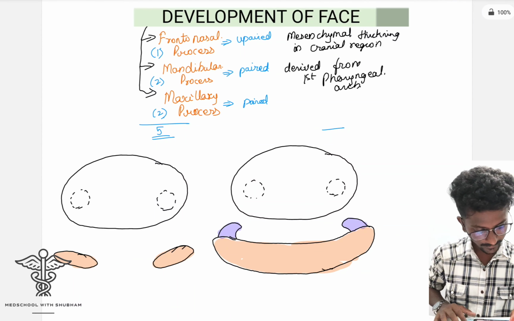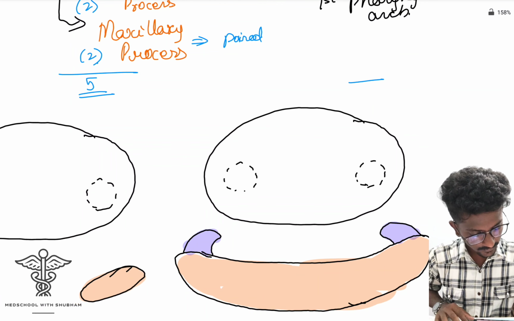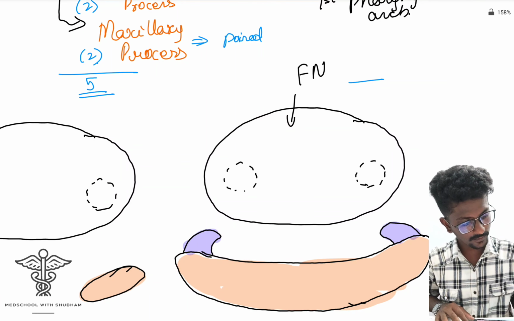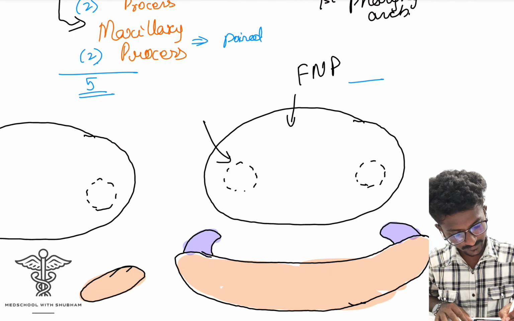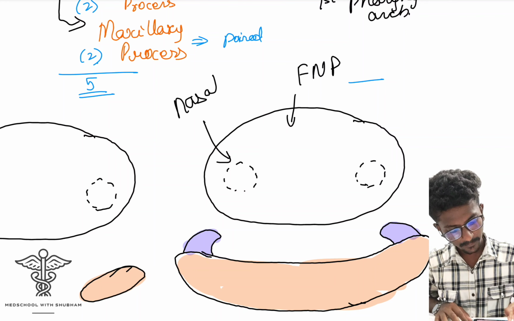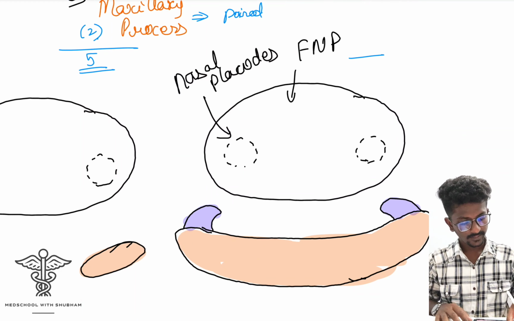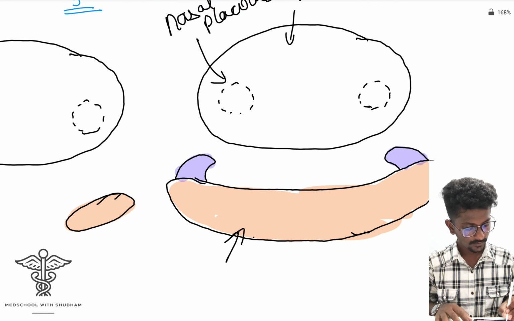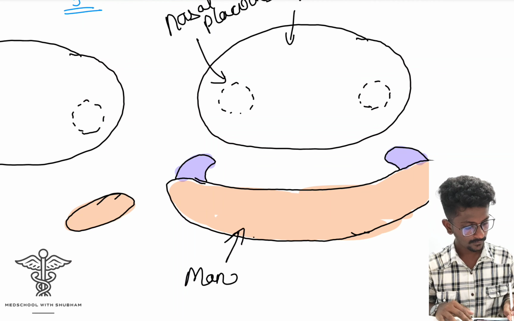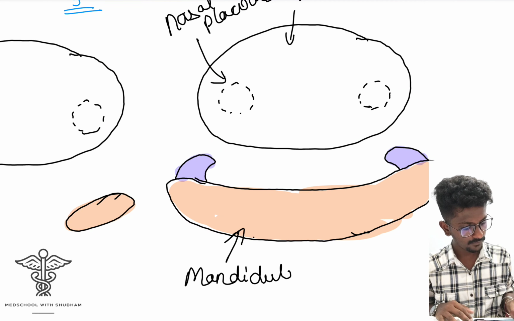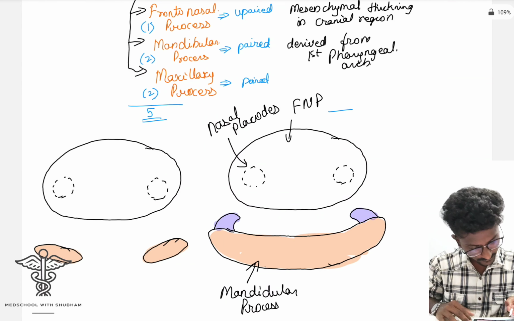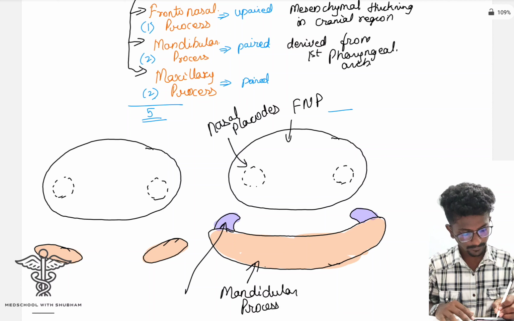Okay, and let me name those things first. This is the frontonasal process. This is the nasal placodes. Then this one is the mandibular process, and this thing that you can see over here is the maxillary process.